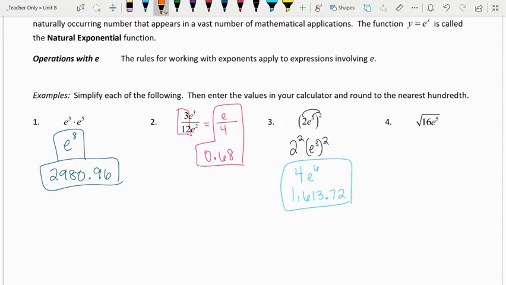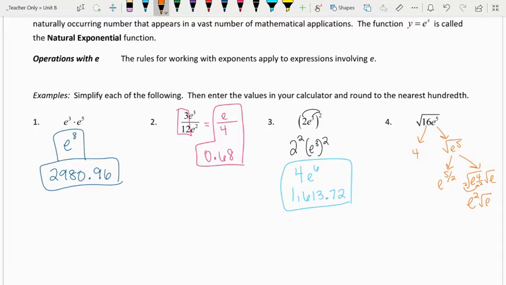And the last one. Okay, we treat this just like a normal square root. We know the square root of 16 is 4. But the square root of e to the 5th, we're not sure about. We can think about this 2 different ways. It's e to the 5 halves, or simplify it by doing e to the 4th and e. Remember, e to the 4th, we could take the square root of. It becomes e squared because we take this 2 and put it in the denominator.